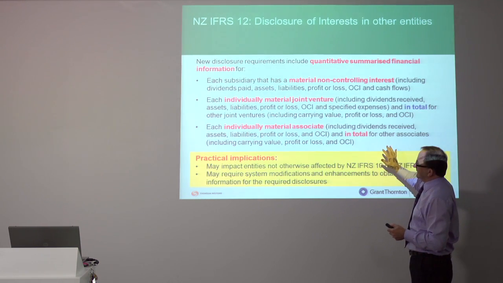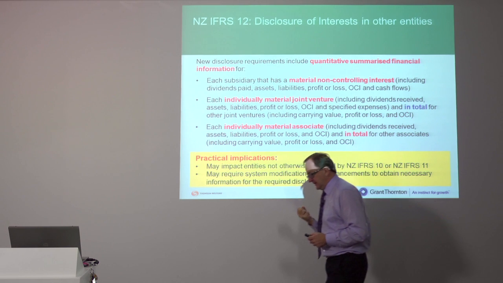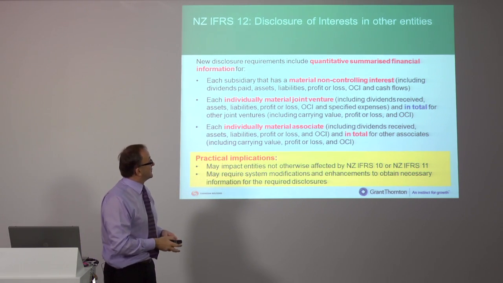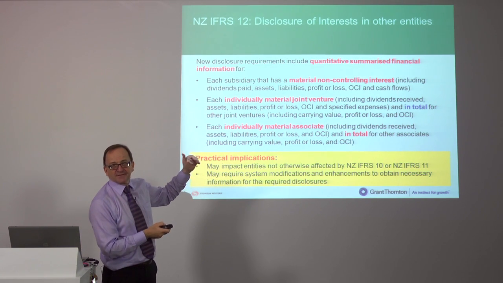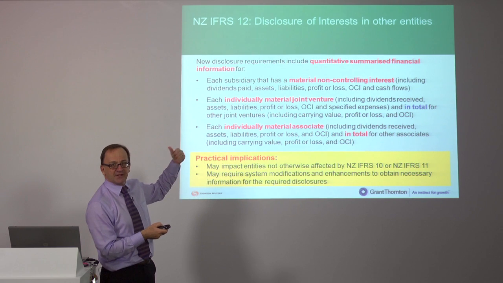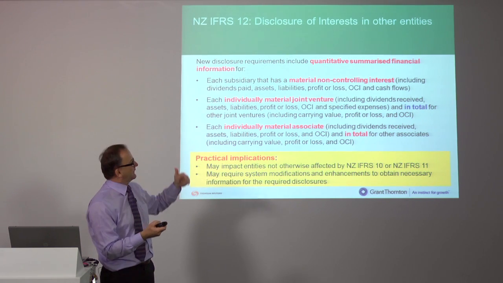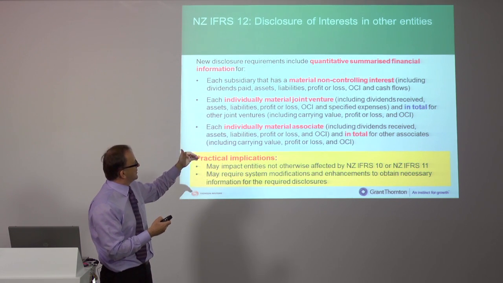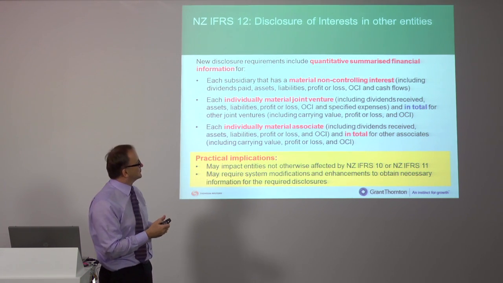And this slide here is really trying to emphasize, as you can see in the red letter, that you have to provide a significant amount of quantitative data when, and effectively only when, judgment has been exercised that you have a material non-controlling interest or a material joint venture.